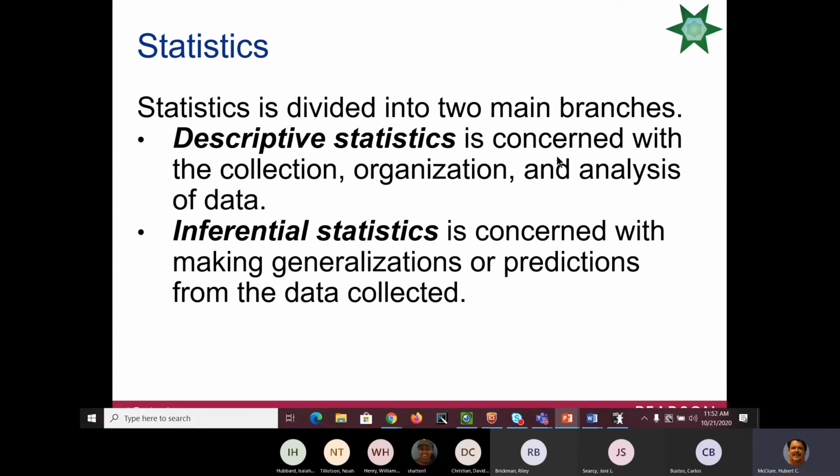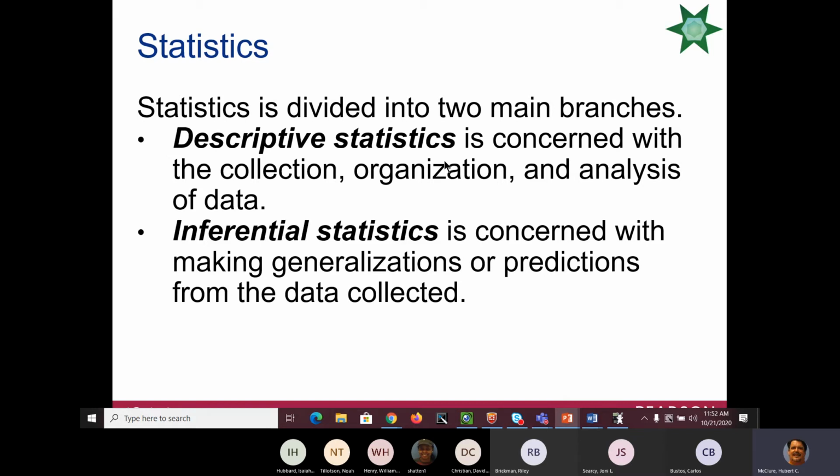Okay? There's the word prediction in here. No, I cannot predict that I'm going to make an A when my test score says I'm going to make a B. Okay, in other words, you can't predict with descriptive statistics. It tells you what you have, your average.